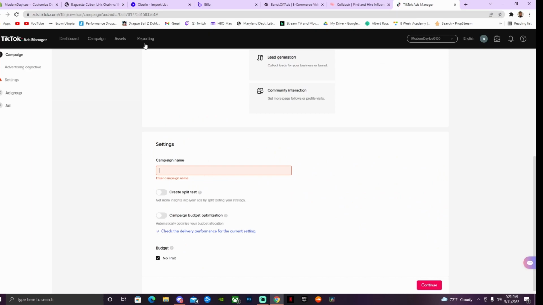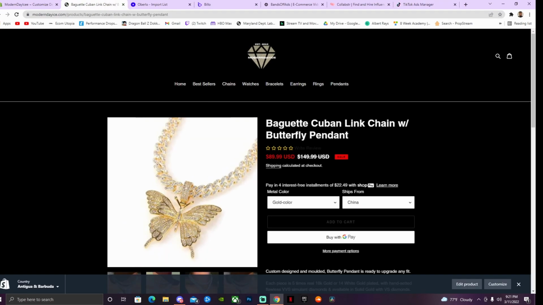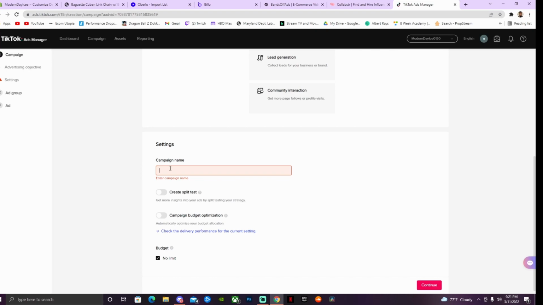This is called a Cuban link chain, butterfly pennant, so I would have butterfly, then US, meaning the country I plan on targeting, then the age group I'm targeting, 18 through 65. This is usually how I structure my campaign names, so you understand which product you're marketing through this campaign.